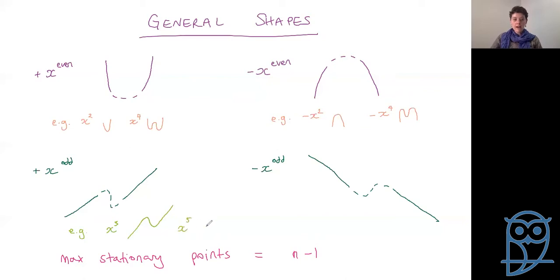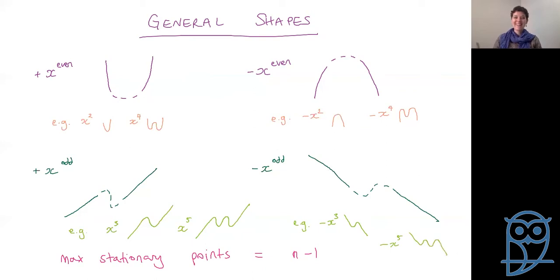X to the 5 would be 1, 2, 3, 4, because maximum 5 minus 1, 4 stationary points. So, e.g., minus x cubed is actually what we've drawn there with 2 stationary points. Minus x to the 5, 1, 2, 3, 4.